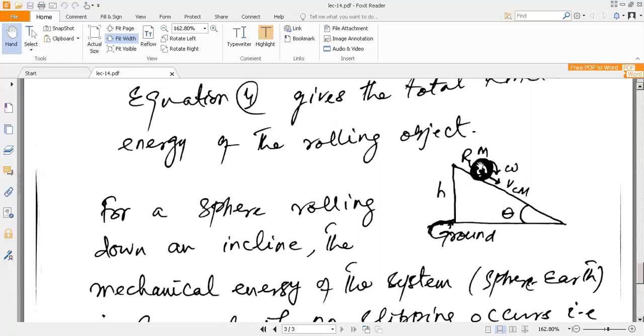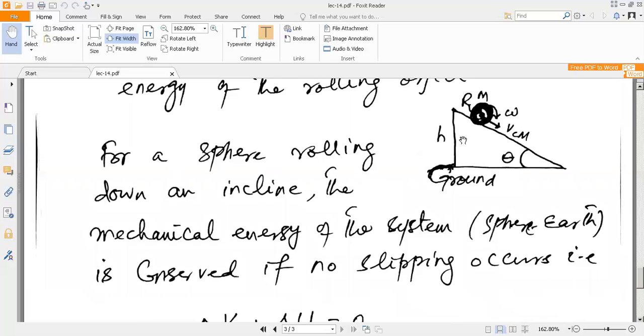Its mass is represented by capital M, and it is rotating with angular speed omega. Vcm is its translational speed for center of mass. This is angle theta, this is height h, and this is the ground level.